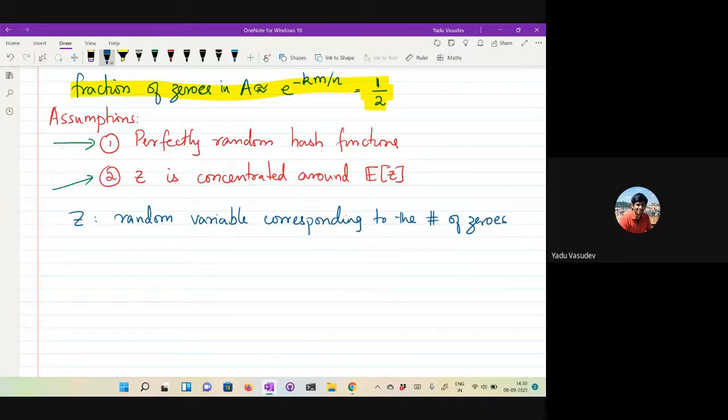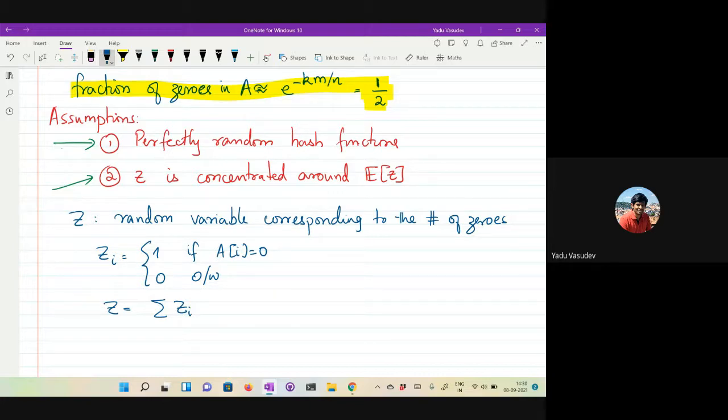I'll define these random variables Zi, which is 1 if A of i is equal to 0 and 0 otherwise. And then I can say that Z is actually the summation of Zi.